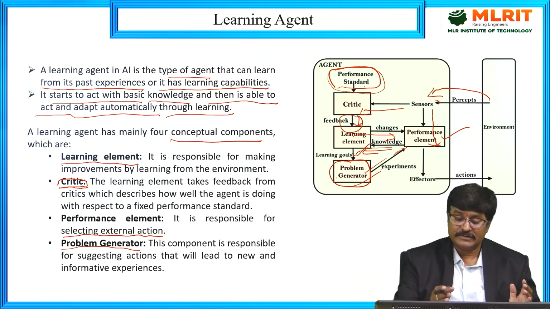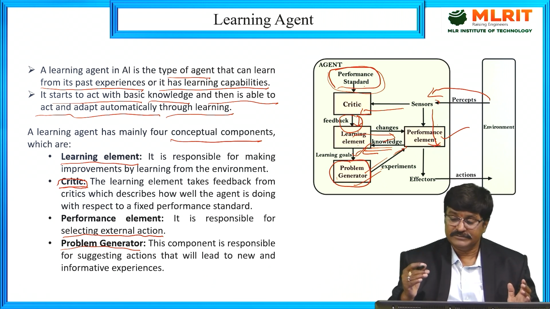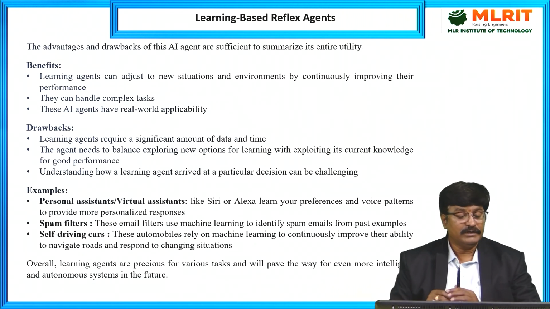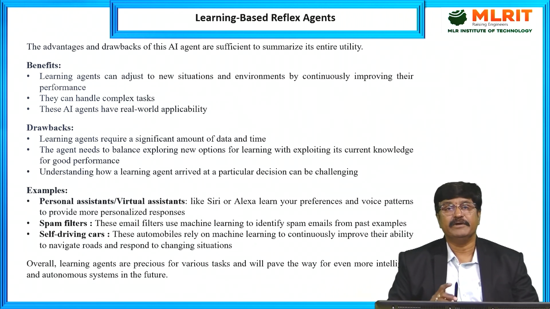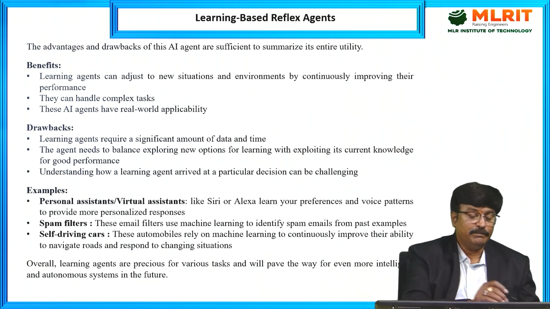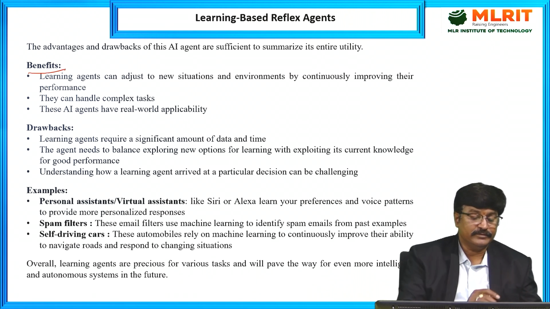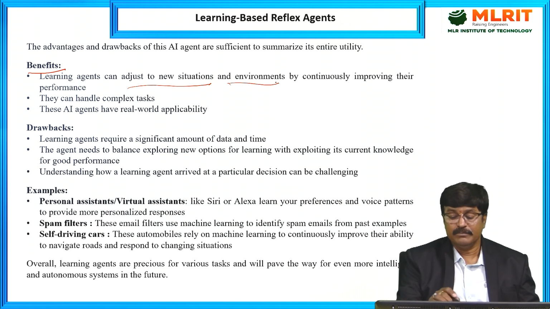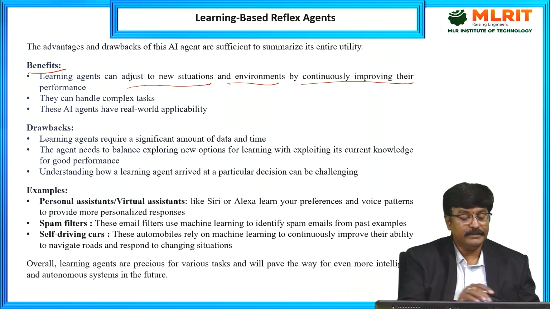It is continuously learning things, starting initially with basic knowledge, and slowly by learning it improves its skills. And what are the benefits of learning agents? The key benefits in these cases: learning agents can adjust to new situations and environments by continuously improving their performance.